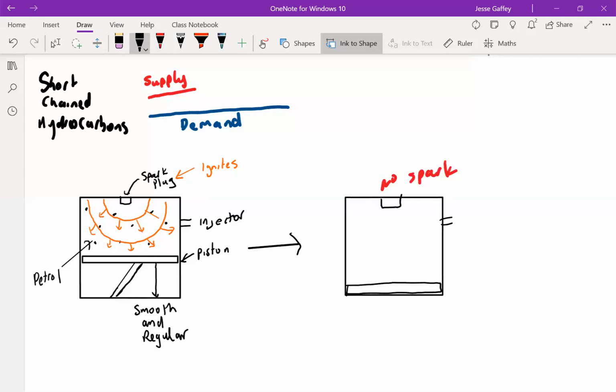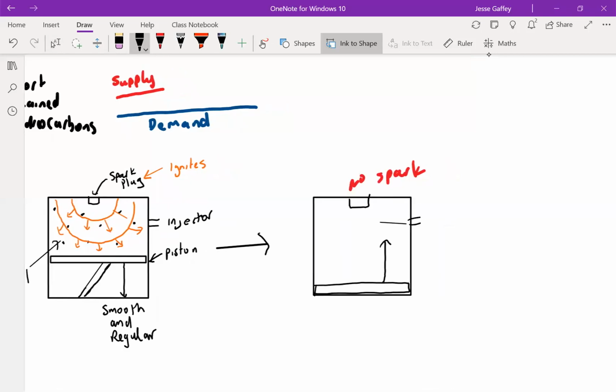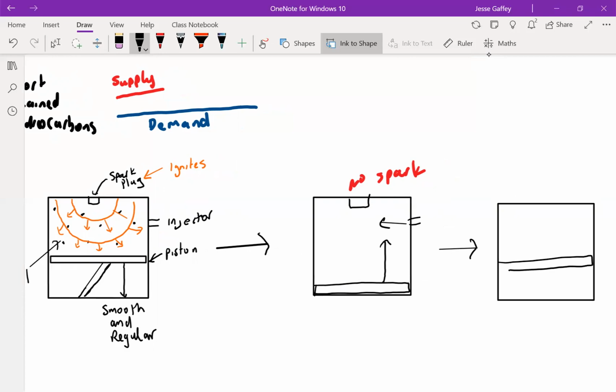It sparks in a regular pattern. So when the piston hits the bottom, it then is going to come back up. And as it's coming back up, the injector is going to inject some more fuel. What happens then? Well, now it has left the cylinder ready to repeat its cycle. So we now have our piston back up.